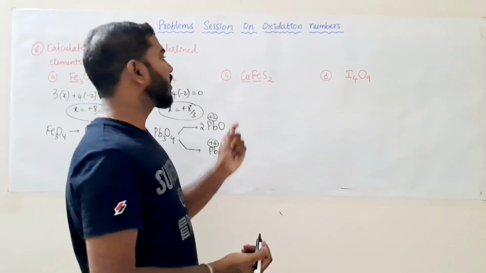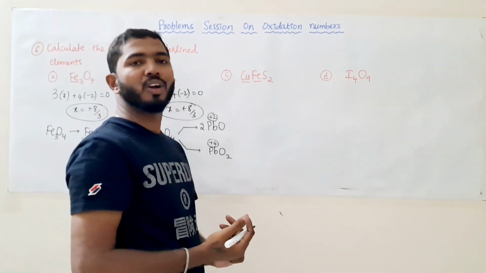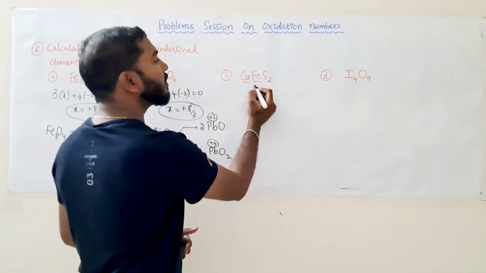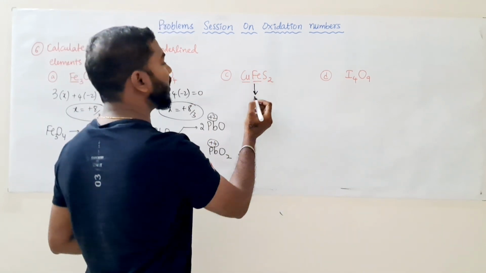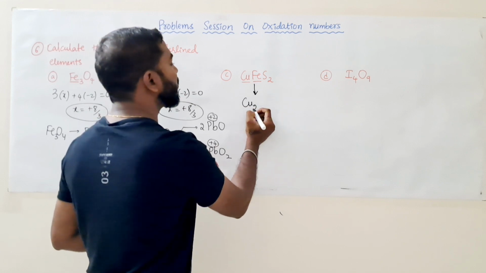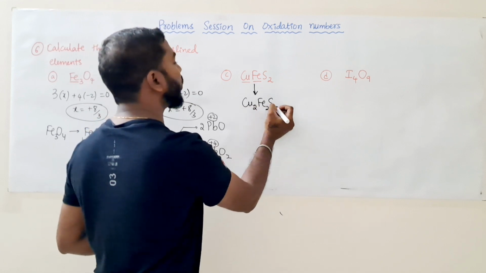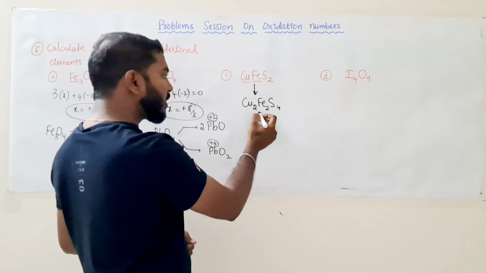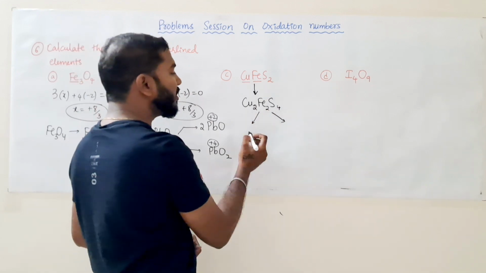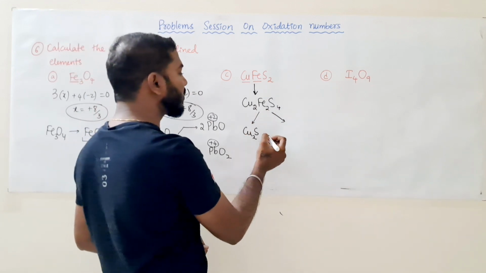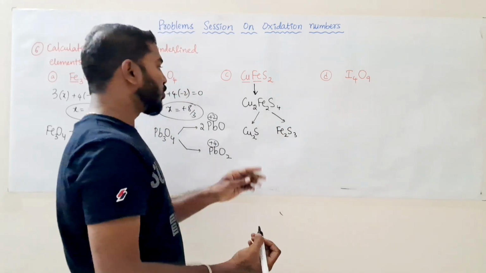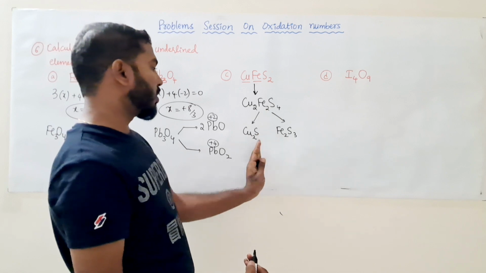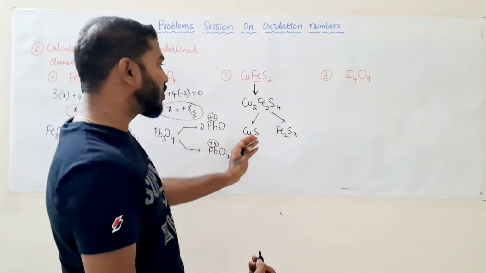Next we have CuFeS2, which is called copper pyrite. Actually this is the empirical formula. The actual formula of CuFeS2 is Cu2Fe2S4, and in this compound we have Cu2S and Fe2S3. So the compound CuFeS2 has these two units.